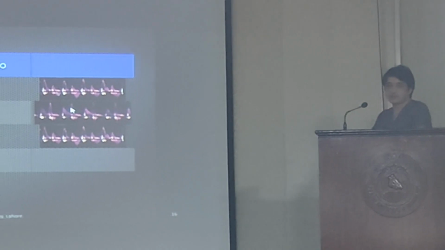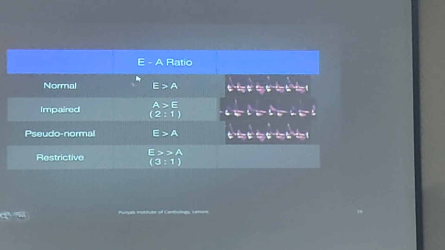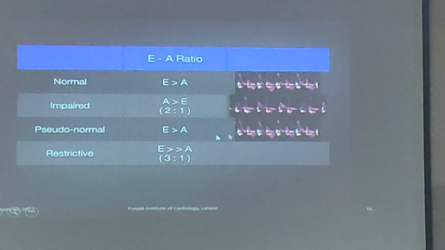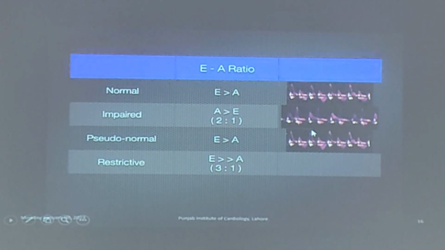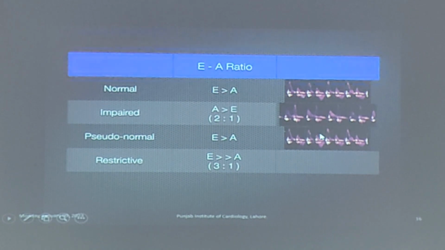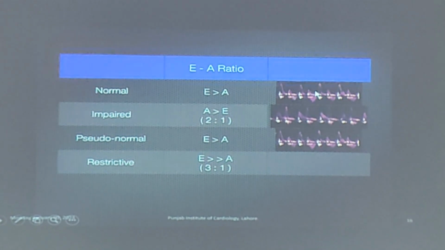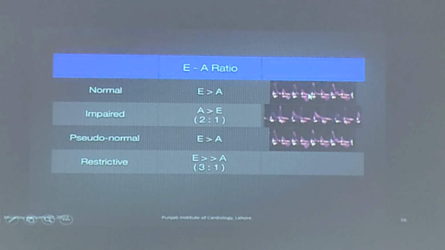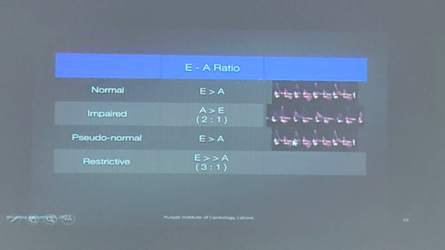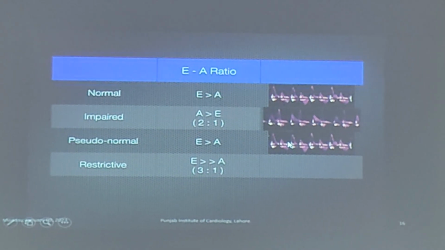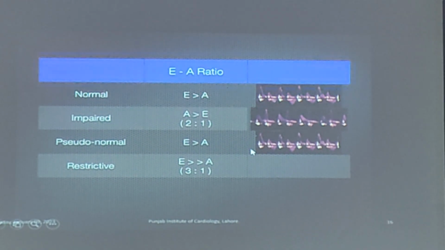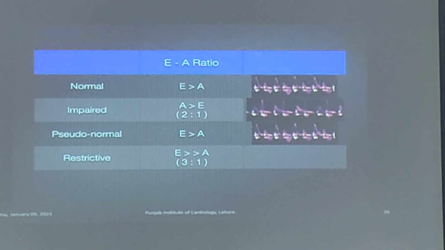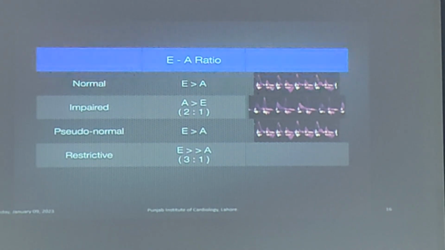It is not normal. Then a stage comes onward which we call pseudo-normal, because the E again gets more than A. So this picture looks similar to the normal one, but it is a pseudo-normal picture, because in this stage the E point has become higher because the ventricle has got stuffed and the passive filling pressure is very high.